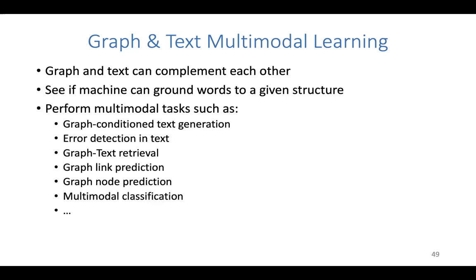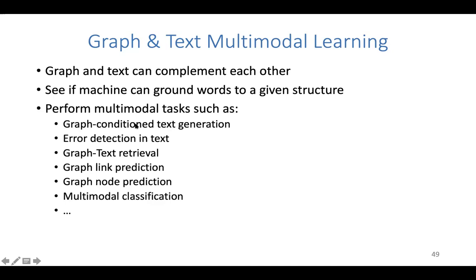And then by looking at thousands or tens of thousands or hundreds of thousands of example graph-text pairs, hopefully we will see the model starting to understand how to map certain portions of knowledge in the text to the graphical structure. That is what we want to see. And if the model can successfully do that, then we can perform a lot of multimodal tasks, such as graph-conditioned text generation.